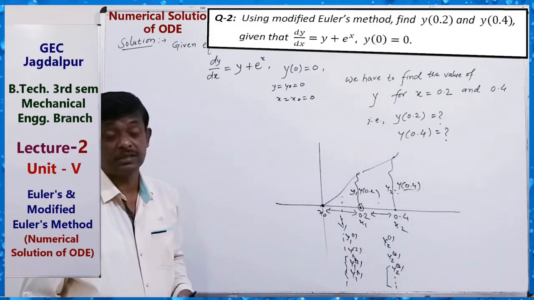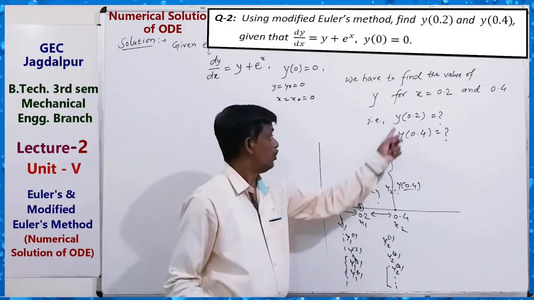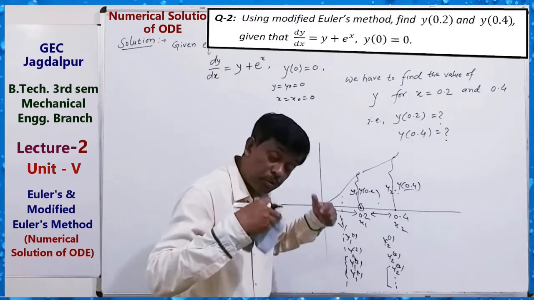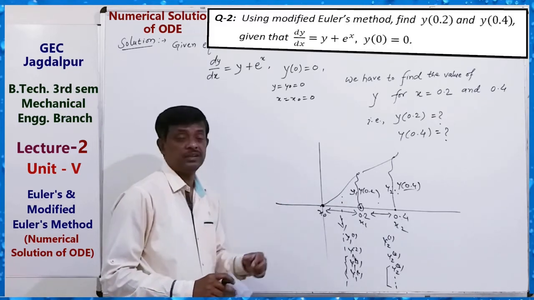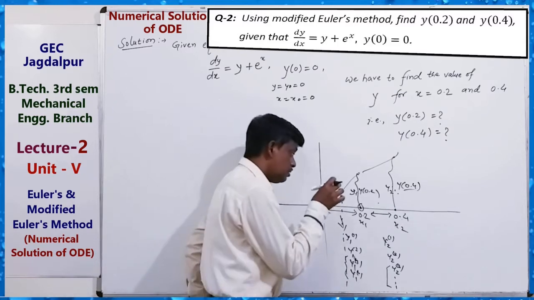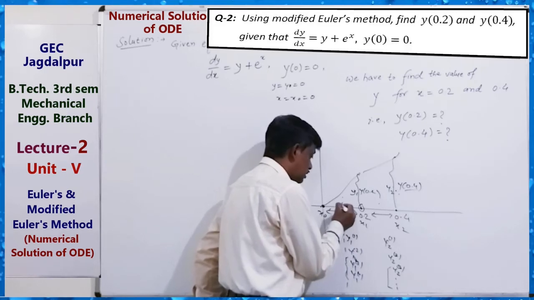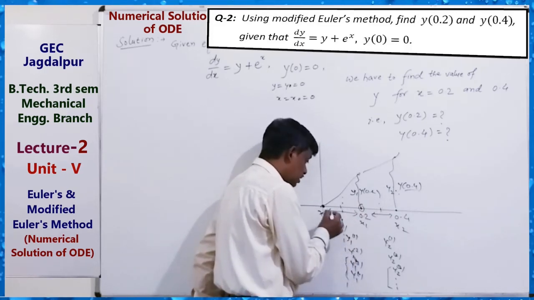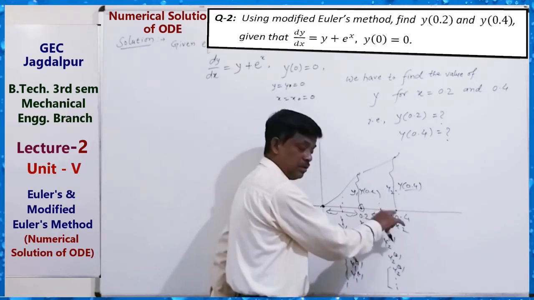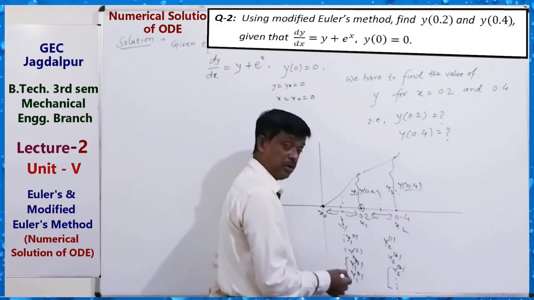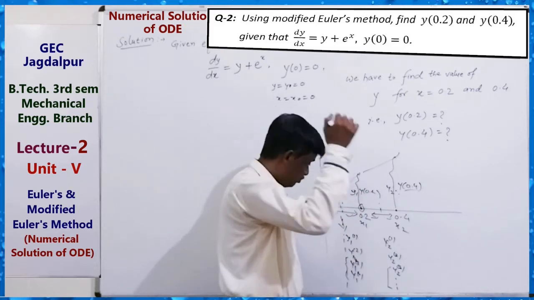If nothing else is given, suppose we need to find the value of y at 0.4 only. From the starting point we can use intervals, dividing into equal parts, and in each part we can approximate the value and go up to this point, because in each step we just take the value of y from the previous value.